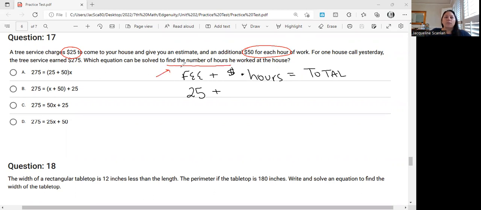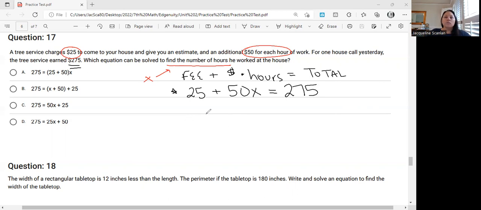So we're going to call that with a variable. The answer choices are using the letter X. All right, so we are going to pay $50 times however many hours he works, times X. And that's going to give us our total amount that we owe, which in this problem is $275. All right, so this is the equation that matches this scenario.